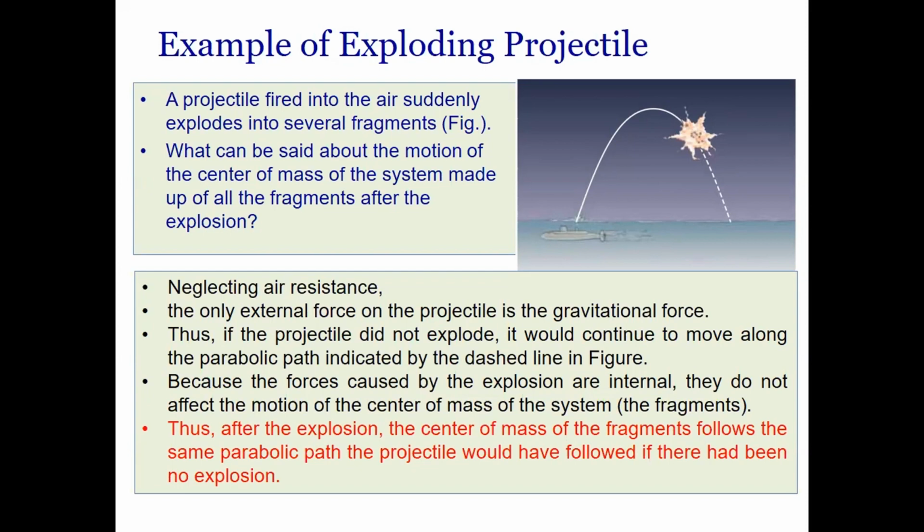However, the center of mass will follow the motion as dictated by the original parabola. This is due to the fact that the explosion was caused by internal forces. If there were external forces, the projectile would have accelerated and caused a different kind of parabola. But again, the center of mass would have followed that acceleration.